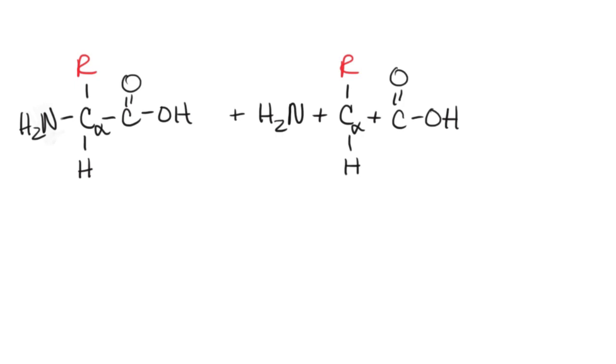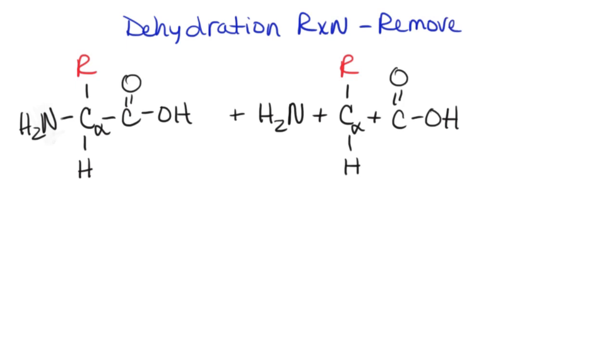We could take them and they could be joined together by a dehydration reaction. With a dehydration reaction, hopefully you can recall that it is going to remove a water molecule. And when it does that, it joins the monomers together.